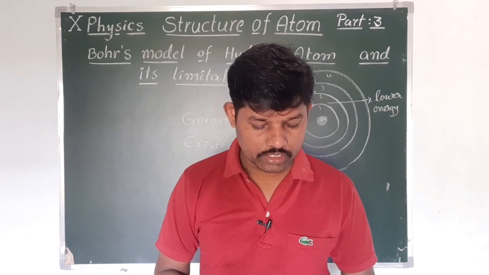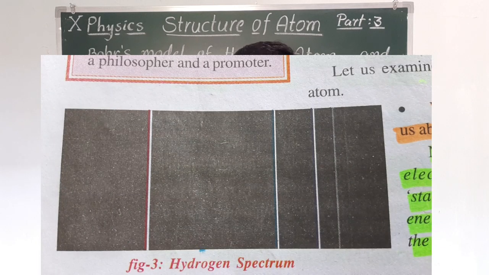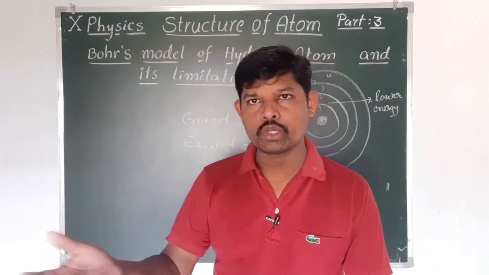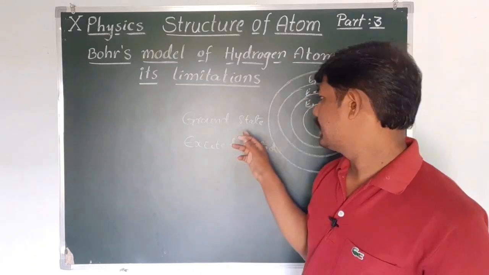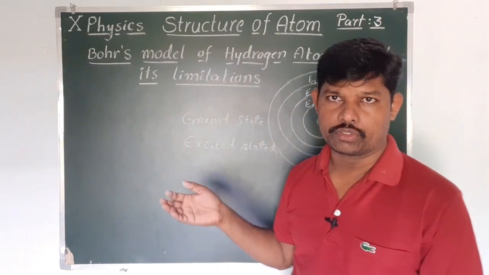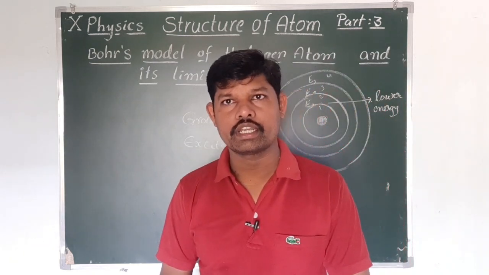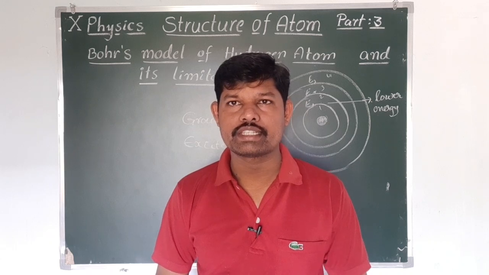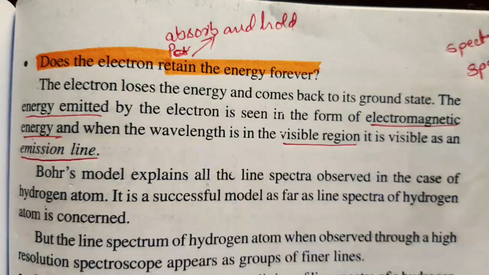If you observe the hydrogen spectrum, we are able to see some lines. What are those lines? When the electrons lose energy, they come back from the excited state to the ground state. During that, they emit energy. This emission energy, electromagnetic energy, appears as emission lines.